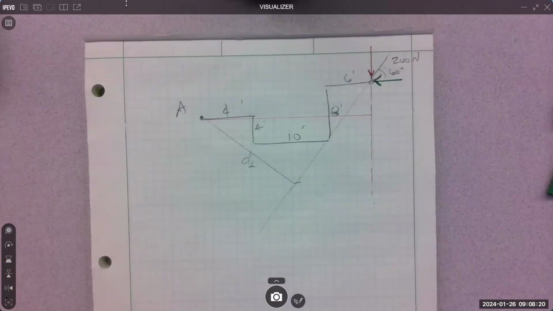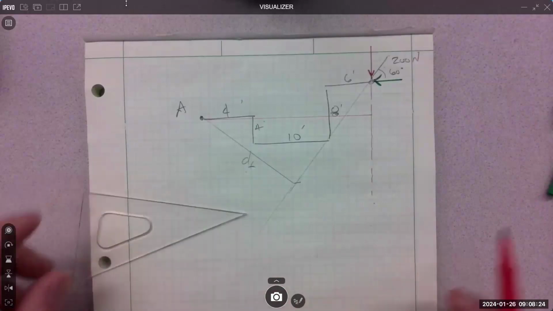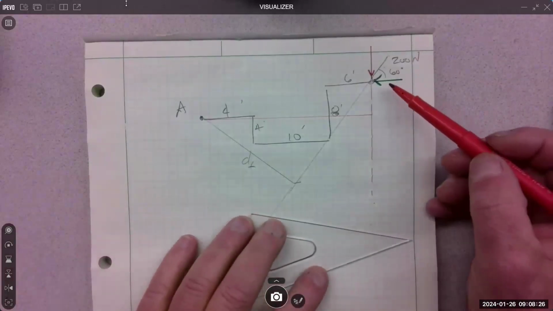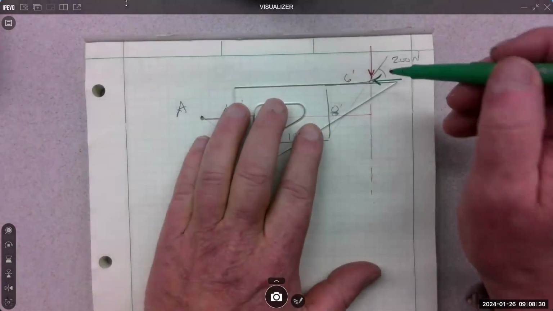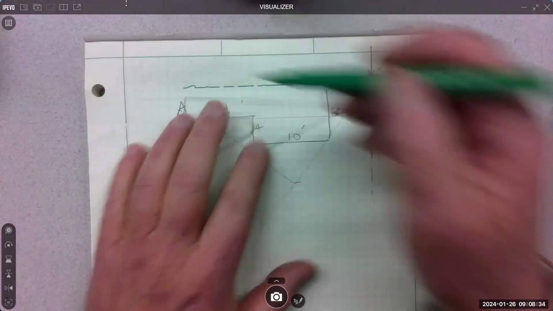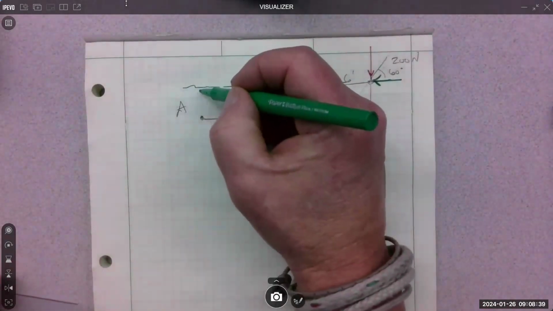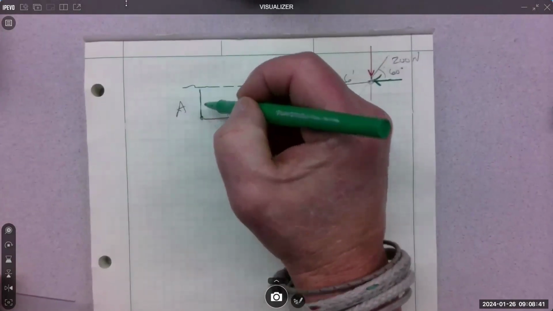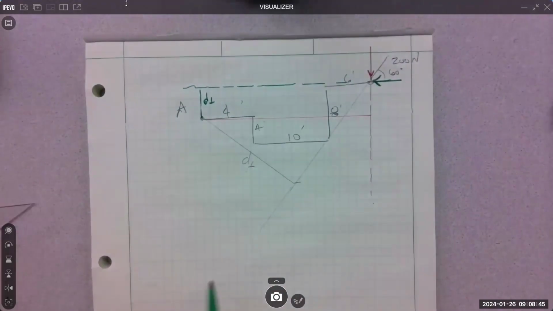That makes sense? Now, I didn't draw this to scale, so I'm not sure how this is going to work, but what's the distance here? So here's the line of action of this one. And here is the perpendicular distance of the green force.